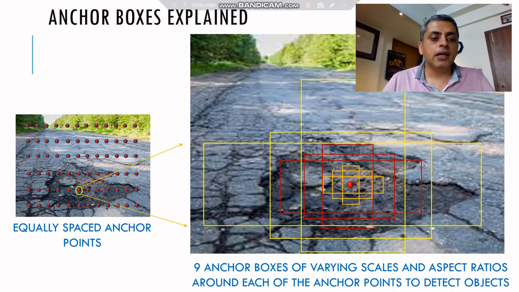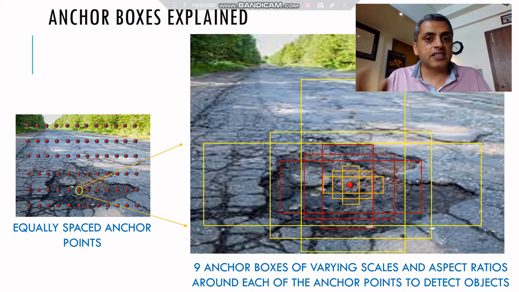The other important innovation was the introduction of anchor boxes on each of these different points. So let's look at one of these points and expand what these anchor boxes are. Anchor boxes are fixed-size window boxes which were introduced at each of these anchor points, and the objective was to detect objects at different scales and different sizes inside a fixed window around this anchor point.